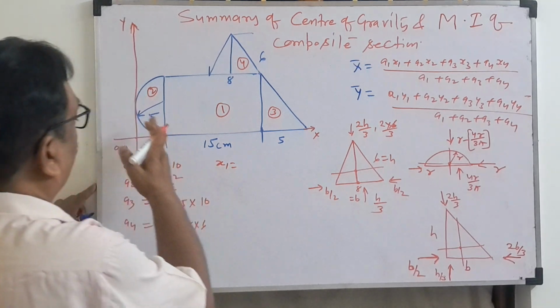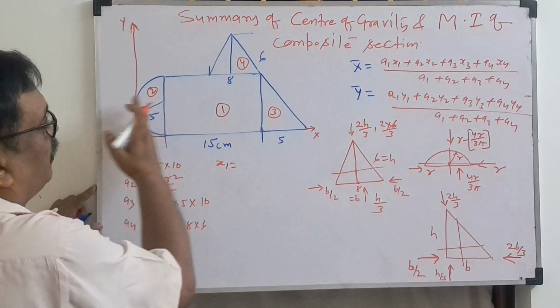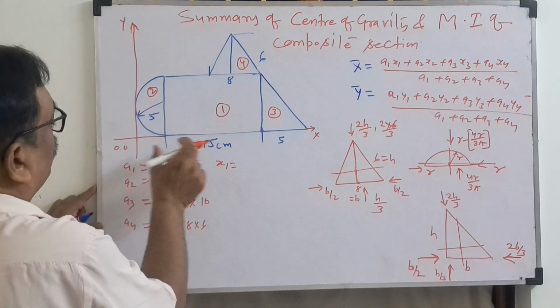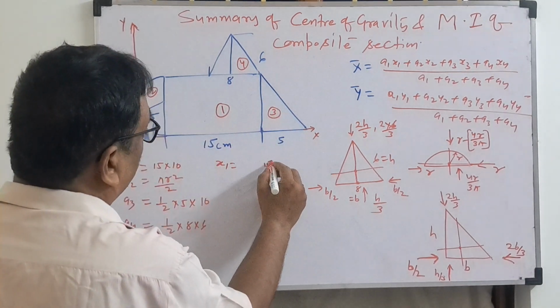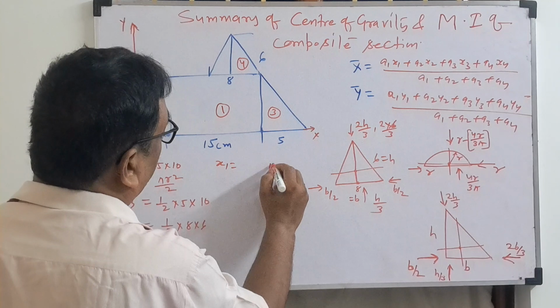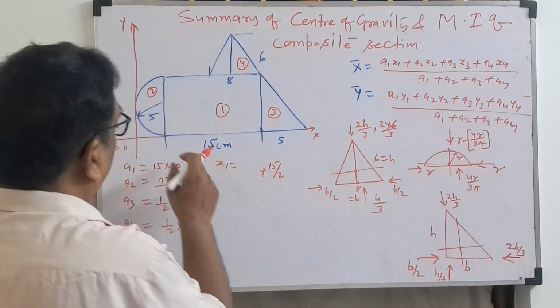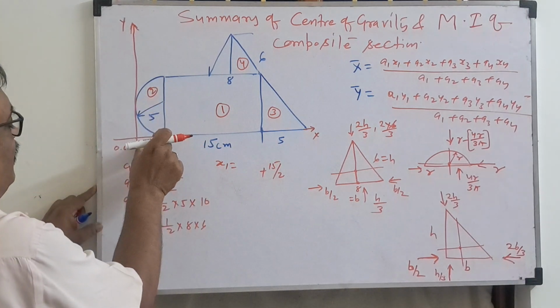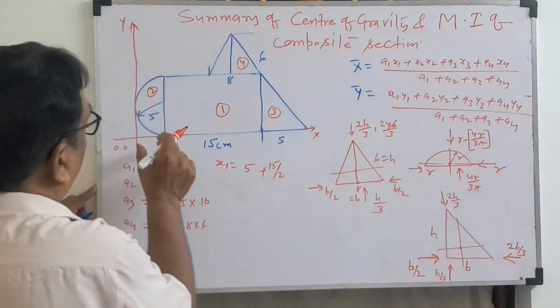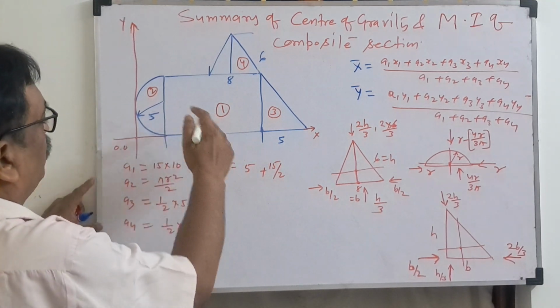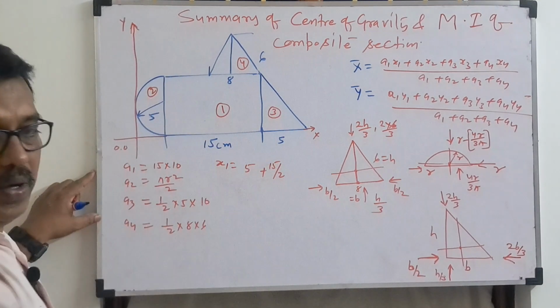X1 equal to, see first always we'll measure x1 from the first horizontal line. So this is 15 by 2. You write 15 by 2 plus, from the axis of reference, what is the distance of this one? 5. 5 plus 15 by 2. Because we have to take center vertex, this first part only.